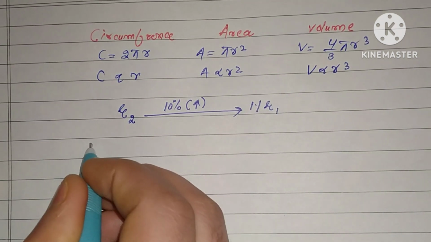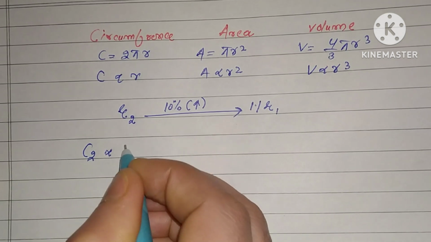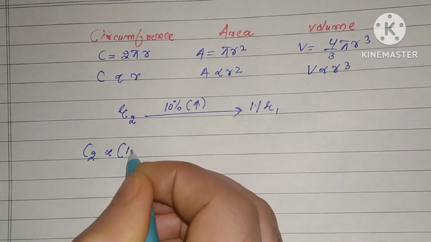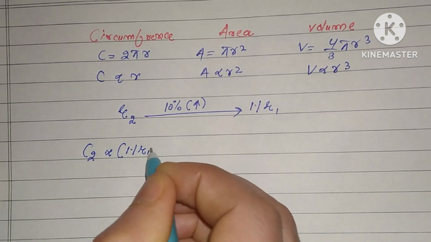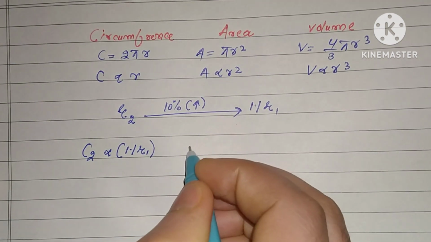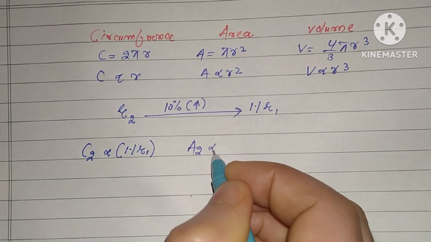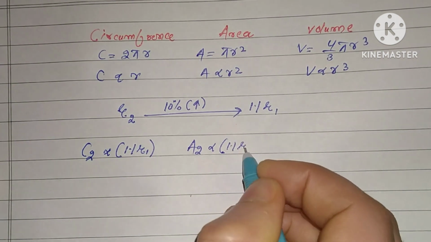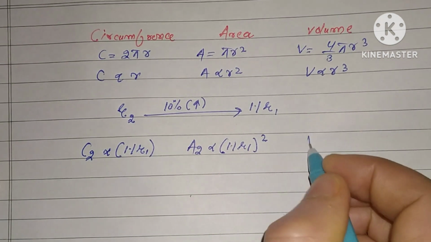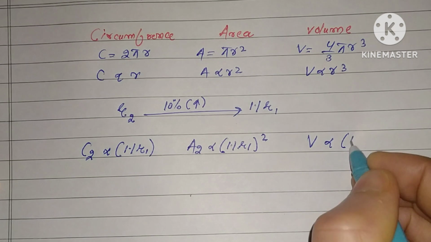Hence, new circumference will be directly related with radius, new area will be related to radius square, and volume will be related with radius cube.